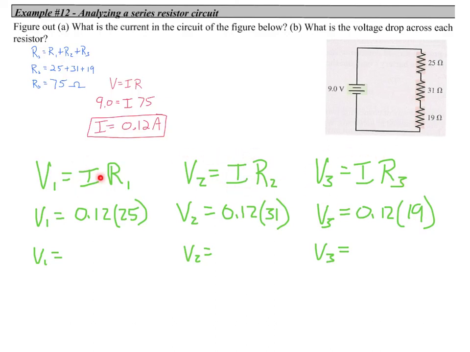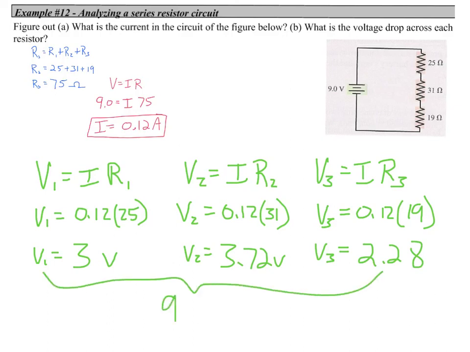Each experiences the same current, and we get for the voltage drop across resistor 1, 3 volts. Voltage drop across resistor 2 would be 3.72 volts, and V3 is going to be 2.28 volts. Now when you add all these up, that equals 9 volts, which is what we should expect from a series circuit. Okay, so there's series circuits.